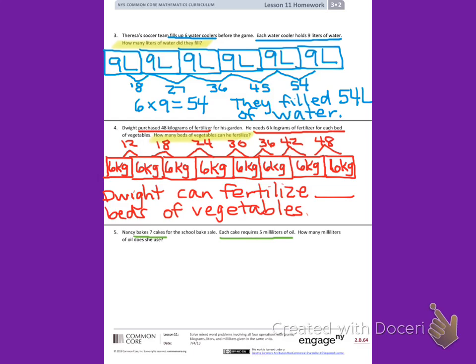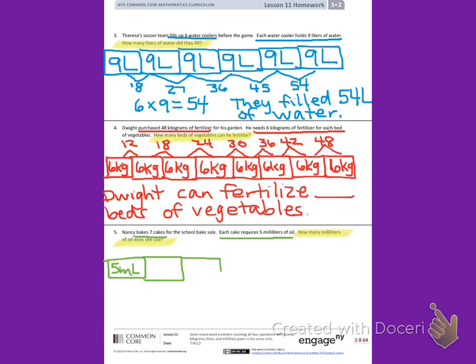Let's highlight the question. How many milliliters of oil does she use? Now, let's draw the tape diagram. There are 7 cakes, so I'll draw 7 segments. Each segment will have 5 milliliters in the label because each segment represents 1 cake.